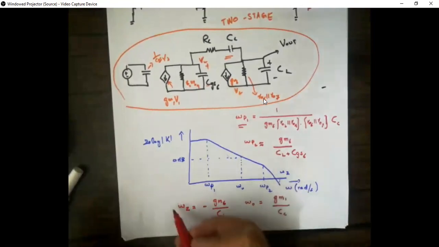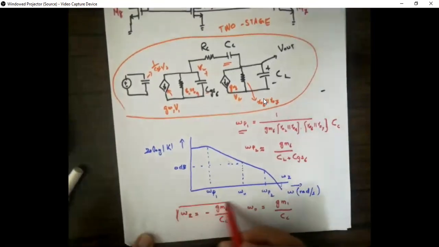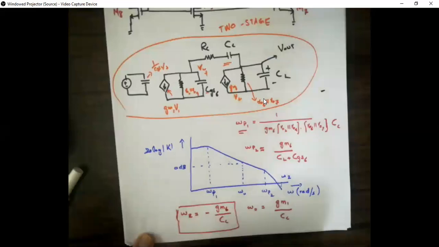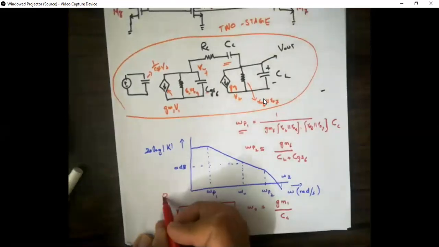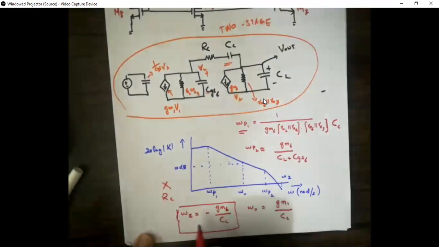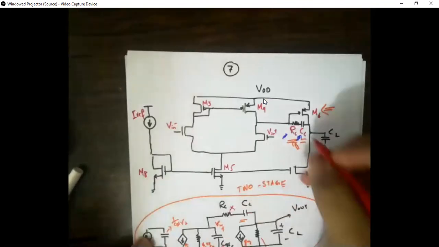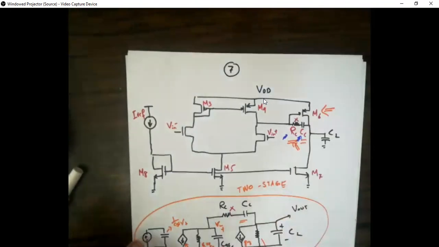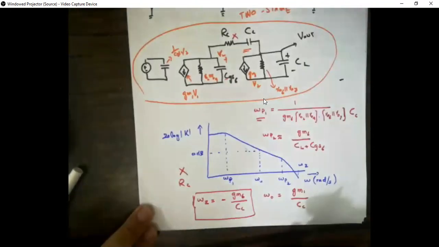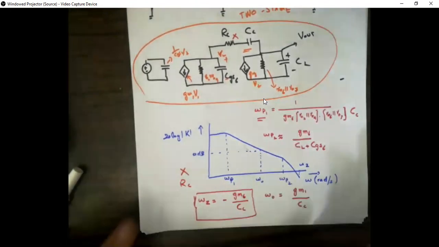So omega z was equal to minus GM6 over CC. And I'm assuming now there is no RC. When RC is there, then this is going to be compensated. So for design purposes, let's initially assume that there is no RC. So these were basically those relations which we figured out in the last lecture, and we also started the two-stage amplifier one lecture back. So we'll start from the same point.